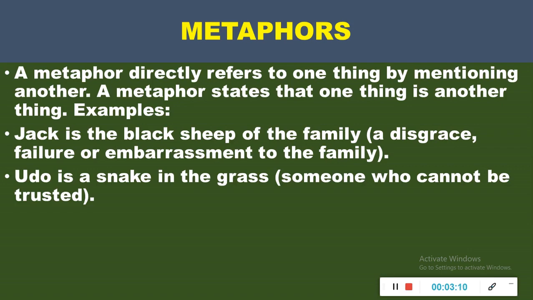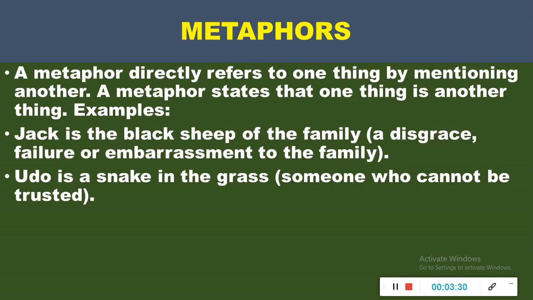Let's begin with metaphors. A metaphor directly refers to one thing by mentioning another. A metaphor states that one thing is another thing. For example, Jack is the black sheep of the family. This means that Jack is a disgrace, a failure, or an embarrassment to the family.